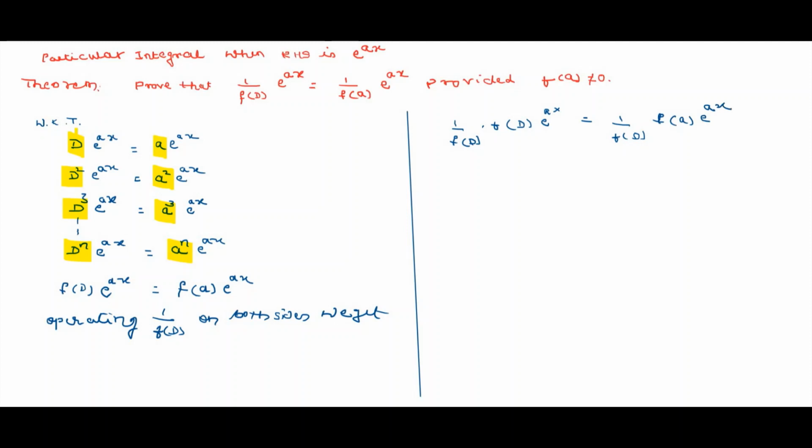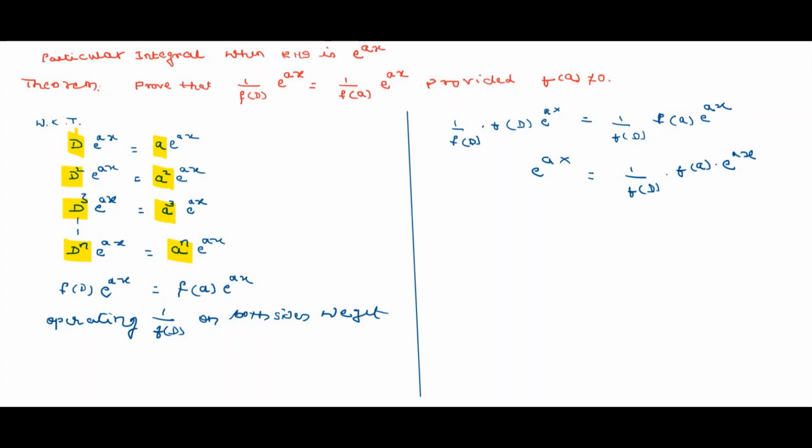Here f of D and f of D get cancelled, means you will get e raised to ax is equal to 1 divided by f of D into f of a into e raised to ax.